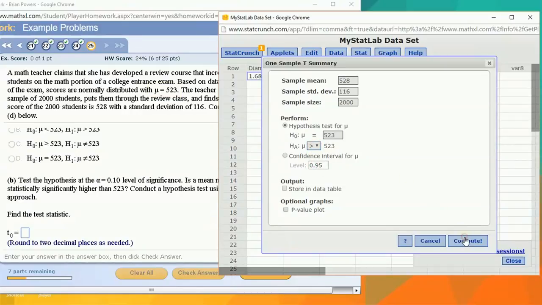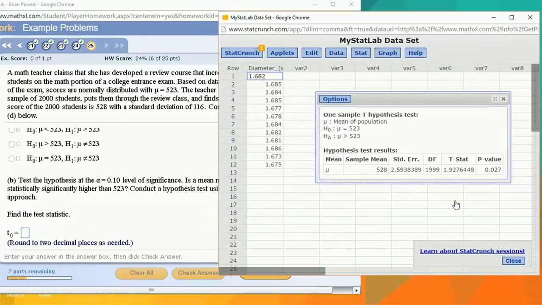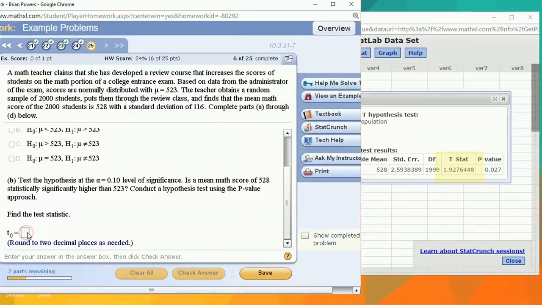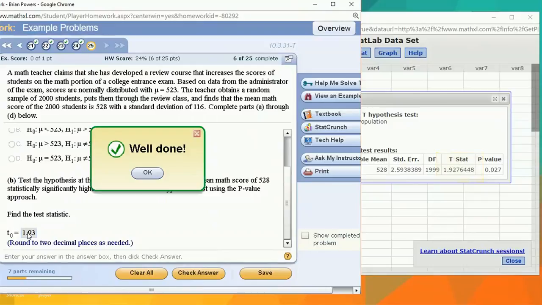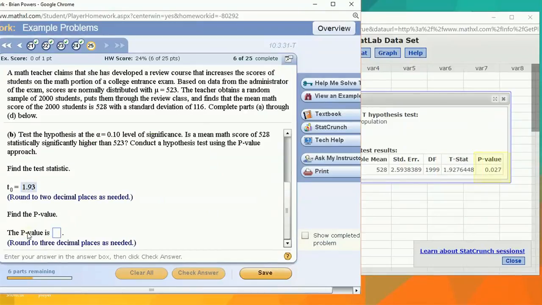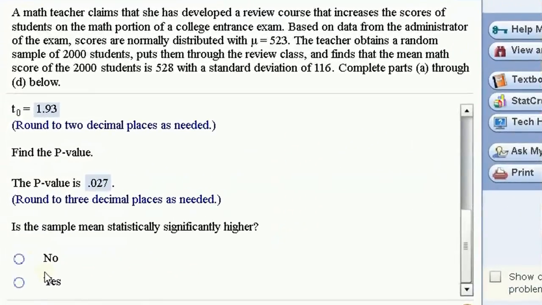And let's compute. Well, we get a t-stat of 1.927. 2 decimal places, that would be 1.93. The p-value, 0.027.